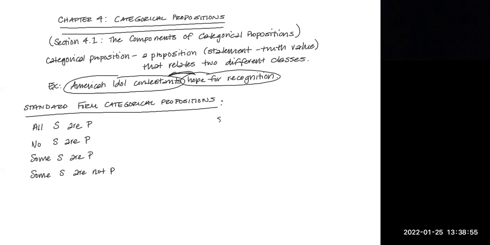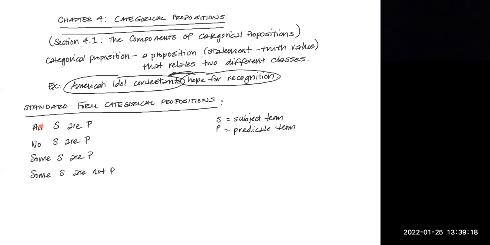The S and the P stand for subject term and predicate term. They are not the subject and predicate of the sentence in the English grammar sense, but are the subject and predicate terms in the sense of where they are located in the standard form categorical proposition.